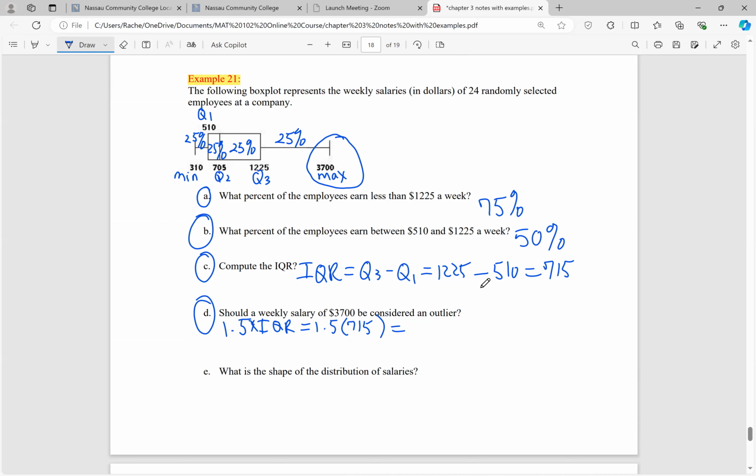So 1.5 times 715 is 1072.5. So this is going to be my upper inner fence. And then if we take 3 times the interquartile range, which is 715, we're going to get 2145.